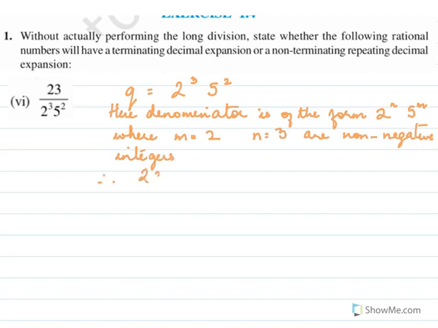Therefore 23 over 2 raised to 3, 5 raised to 2 has terminating decimal expansion.